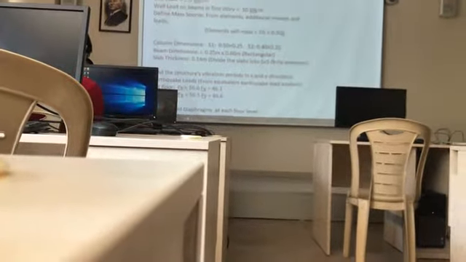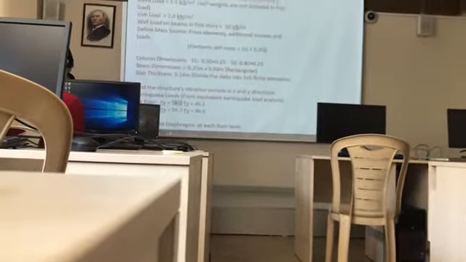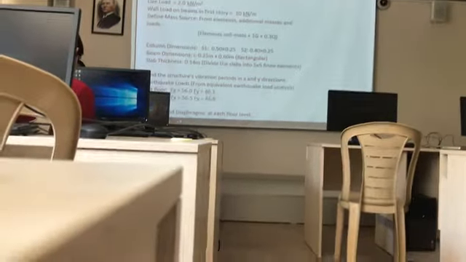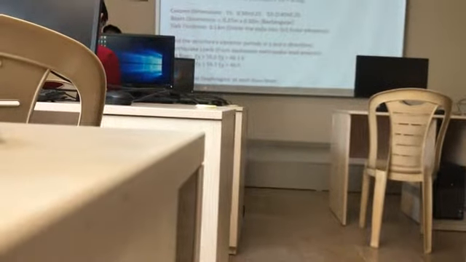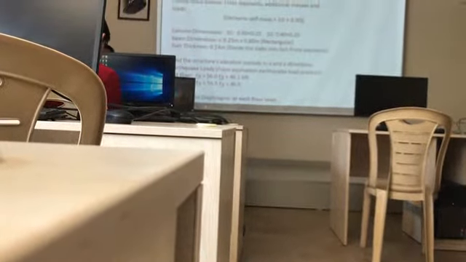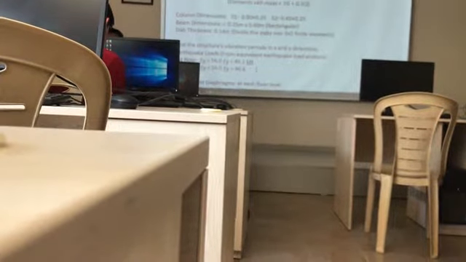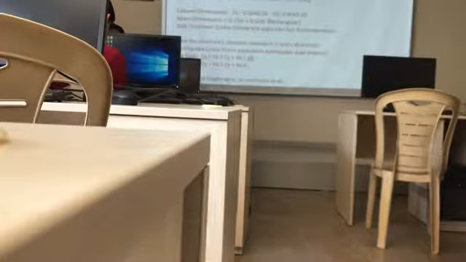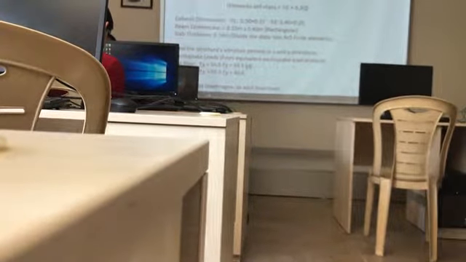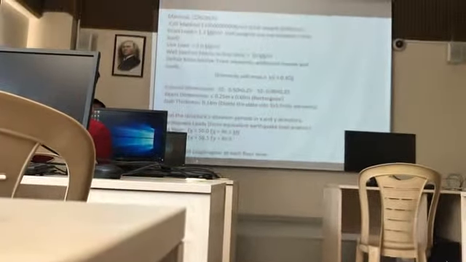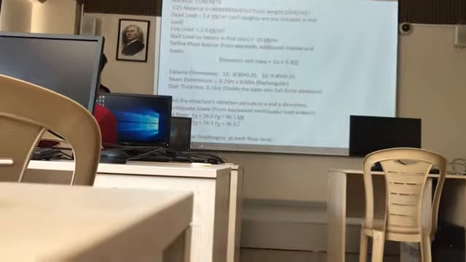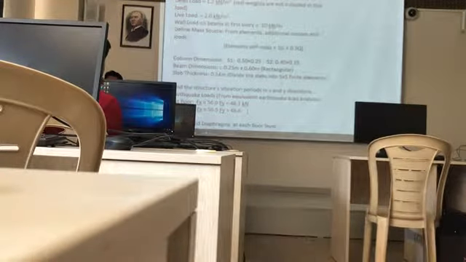First floor, in x direction we have this load. These are kilonewtons, of course. And in y direction we have 46.1 kilonewtons. On the second floor, Fx is 56.5 kilonewtons and Fy is 46.6 kilonewtons.